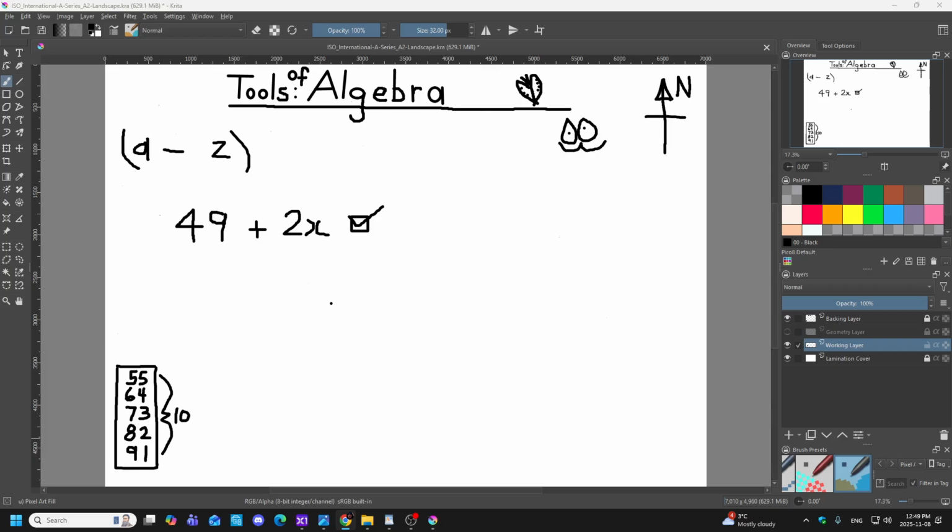The next problem, I like to look at it in a positive sense. K squared minus 11.